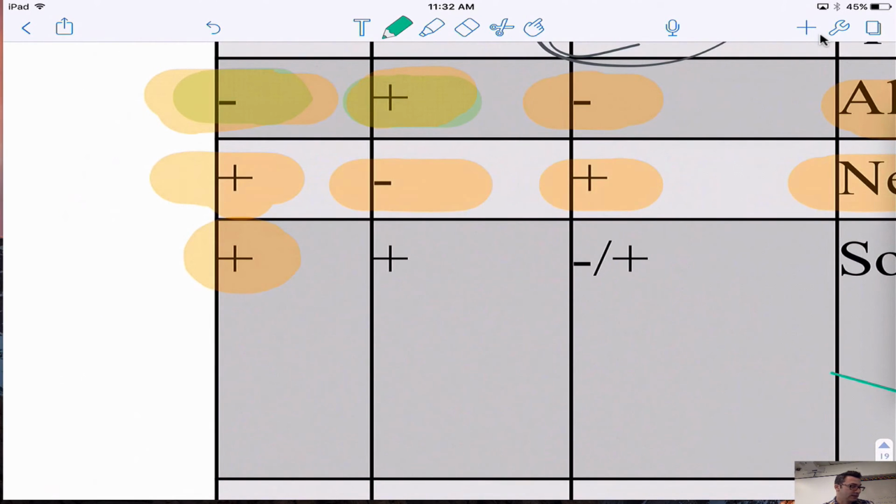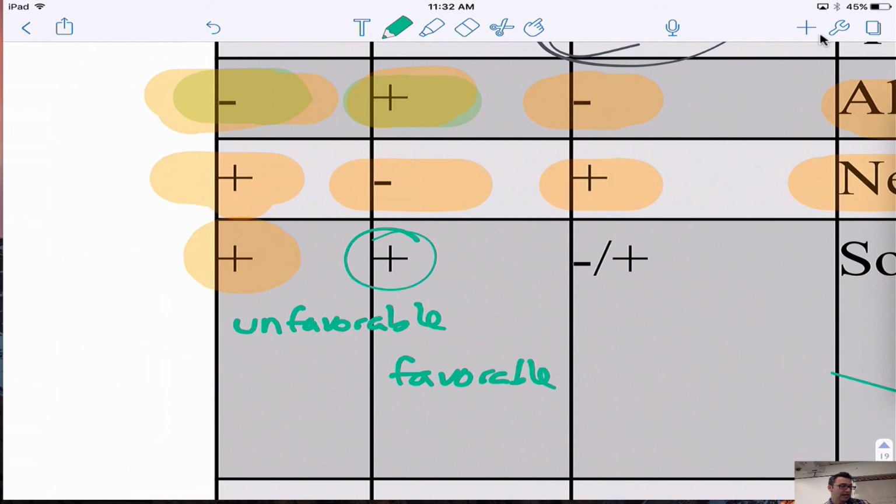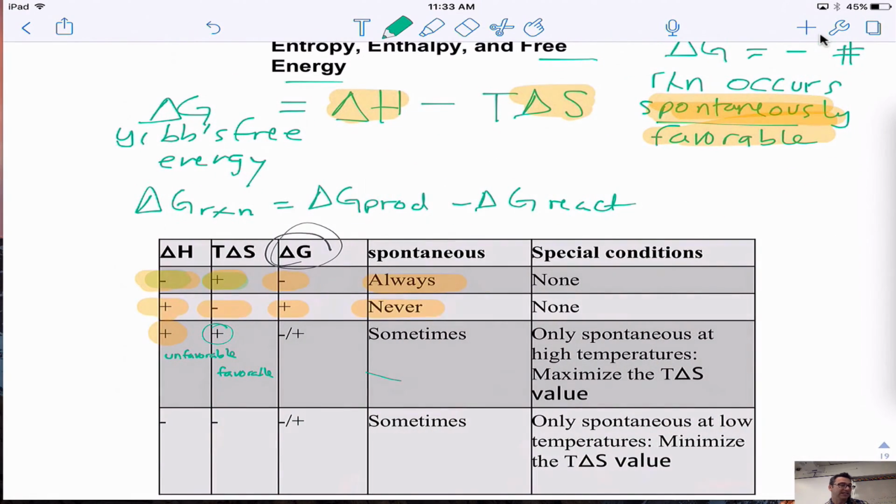And then the interesting conditions happen down here, where you have a positive delta H, which is not favorable, so this would be unfavorable. And you have a positive delta S, which is favorable. So you have the two conditions fighting each other. And when we have those two conditions fighting each other, where we have positive and positive, delta G could be either. And it's only going to occur spontaneously when you're at high temperatures.